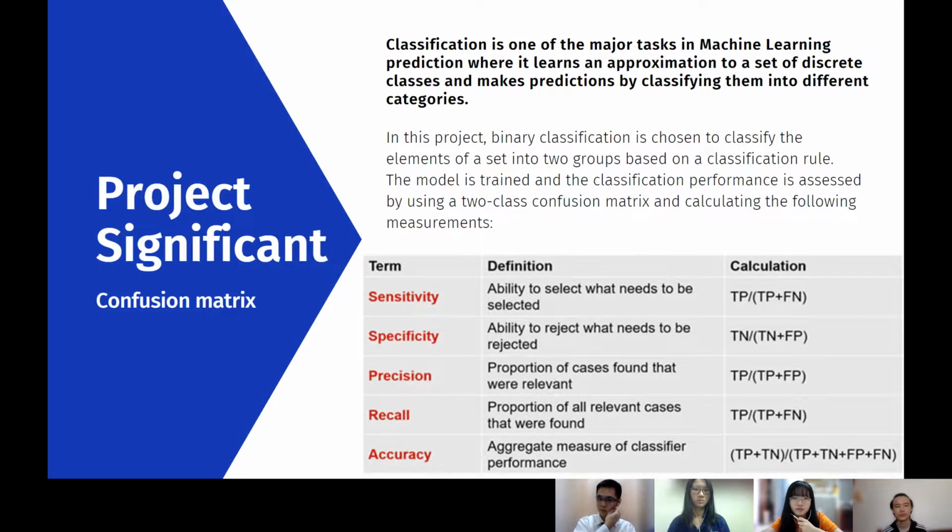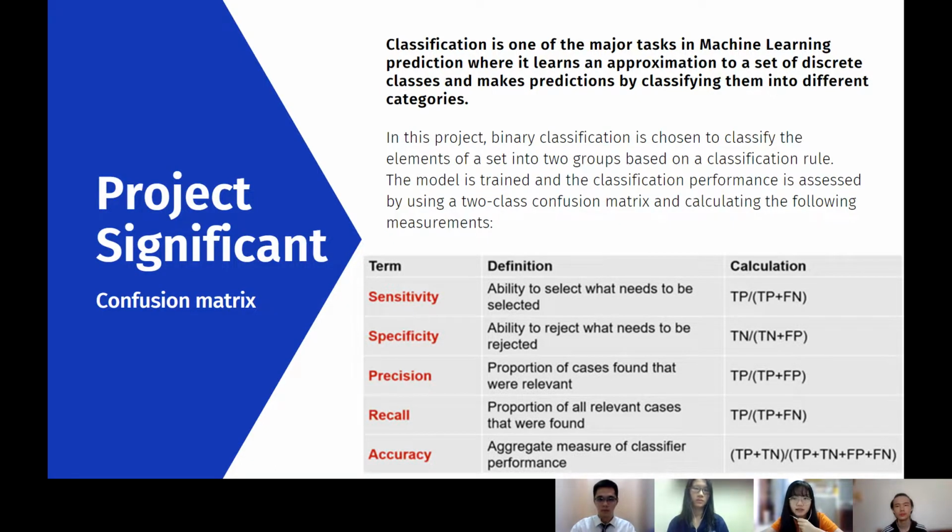So project significance. As we know, classification is one of the major tasks in machine learning prediction, where it learns an approximation to a set of discrete classes and makes predictions by classifying them into different categories. In this project, binary classification is chosen to classify the elements of a set into 2 groups based on a classification rule.